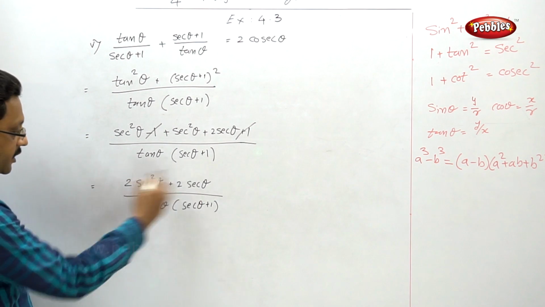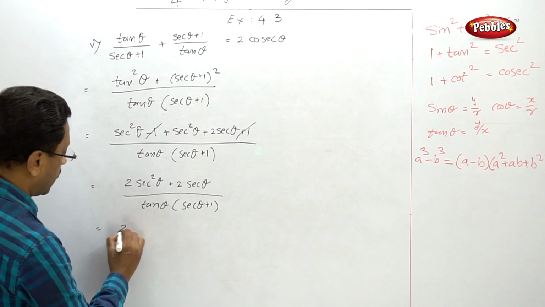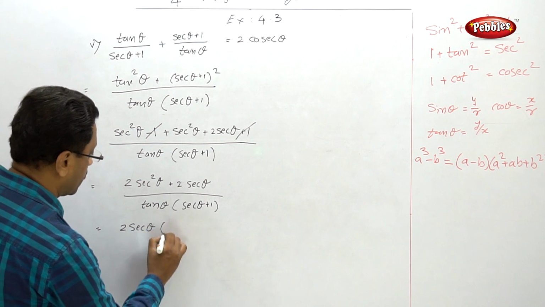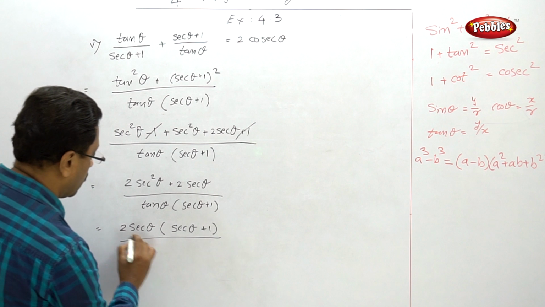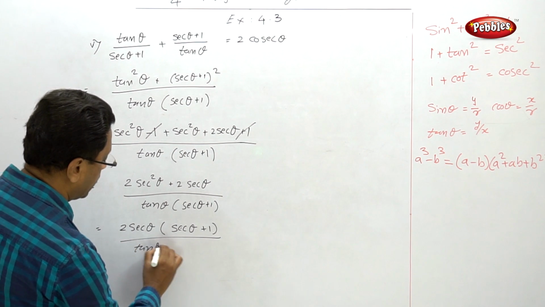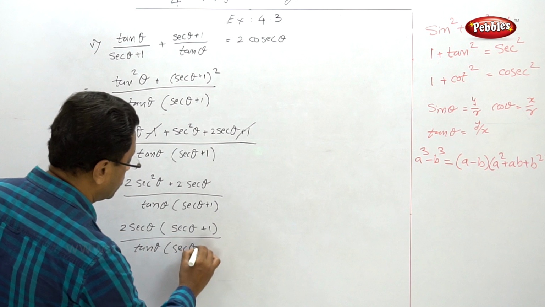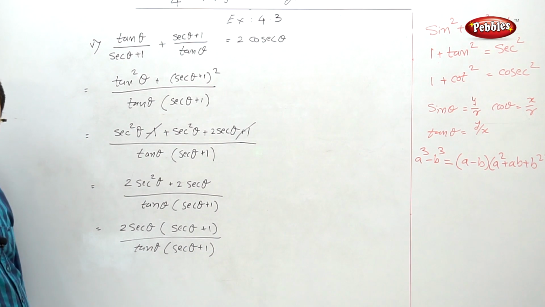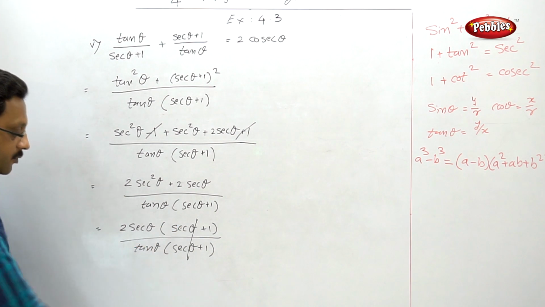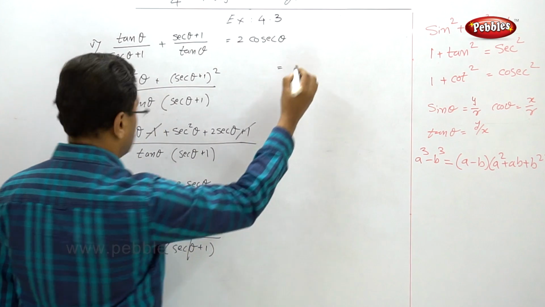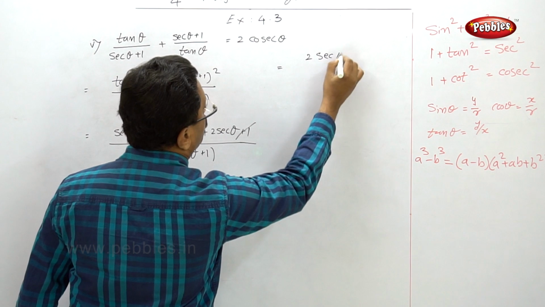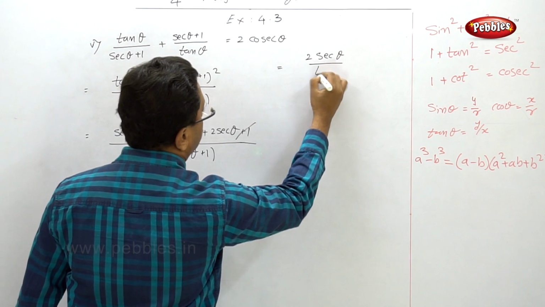Now can you see sec theta is common here? So I will have 2 sec theta into bracket sec theta plus 1 upon tan theta into sec theta plus 1. Correct? Now these two brackets will get cancelled and we will have 2 sec theta upon tan theta.